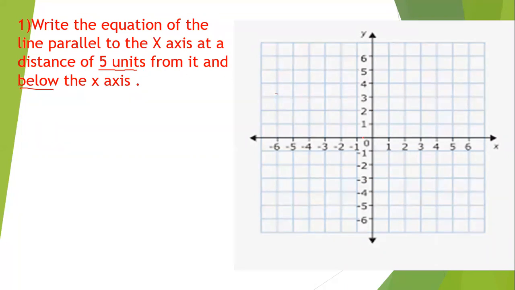So from 0, you have to go downwards till 5 units. Here we have 1, 2, 3, then 4, then 5. So the line is over here. Let me draw the line.